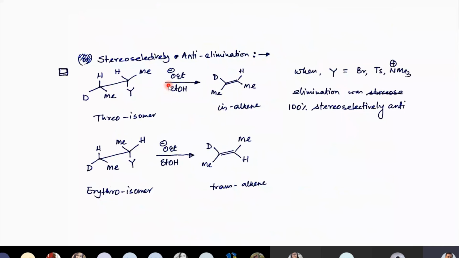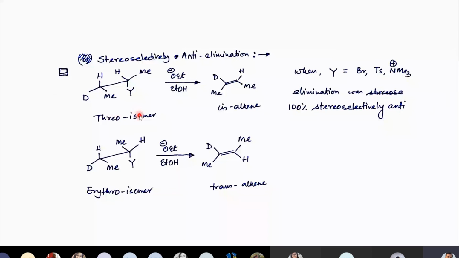For example, if you take this kind of compound, and if you have this leaving group as bromine, tosylate, or NMe3 plus, in this case the stereoselectivity is 100% anti. Okay, it is 100% anti-periplanar in nature. So in this case, there could be two isomers possible.